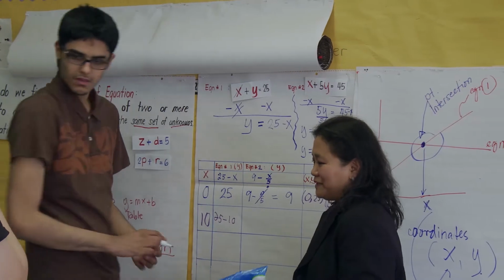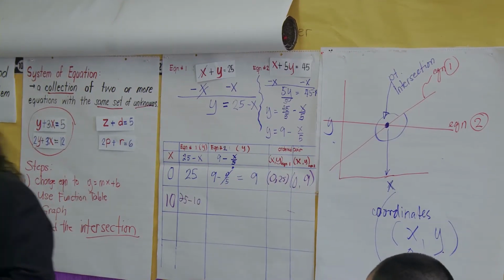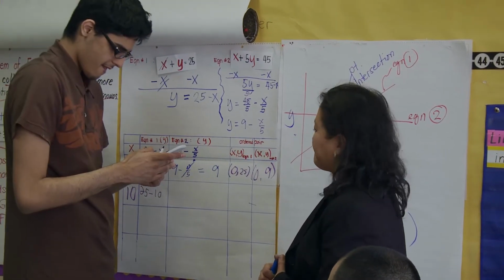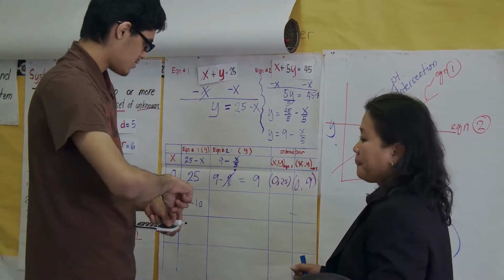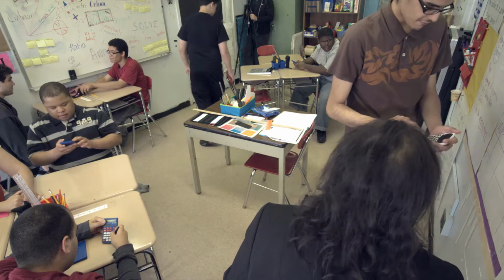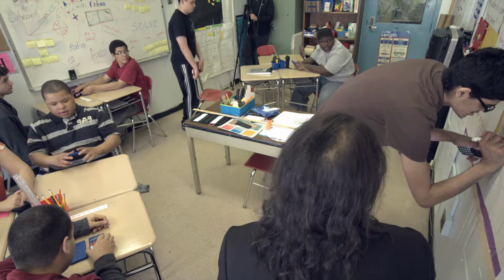You want to use the calculator? You do know that, Jason. Come on. Try it. 25 minus 10, Anthony. 15.